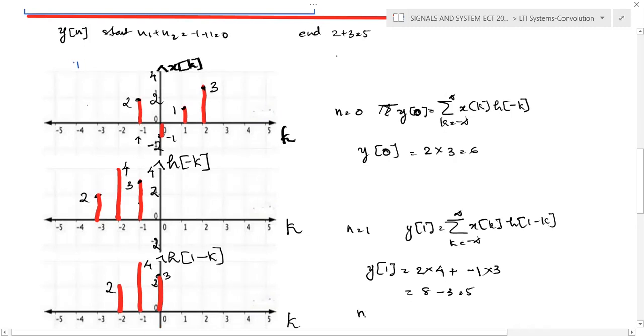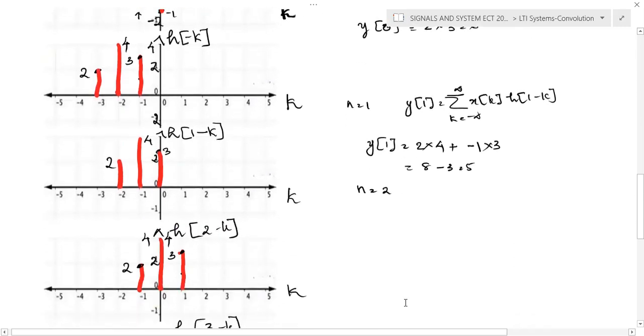Now we can calculate at n is equal to 2. If n is equal to 2, if we evaluate this particular convolution equation, y of 2 becomes sigma k is equal to minus infinity to infinity x of k into simply h of 2 minus k.